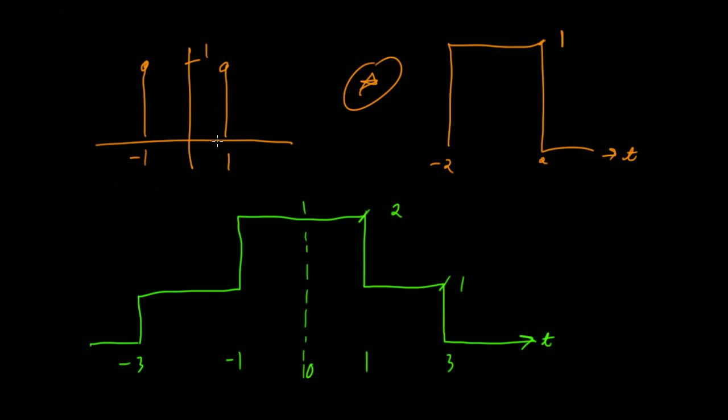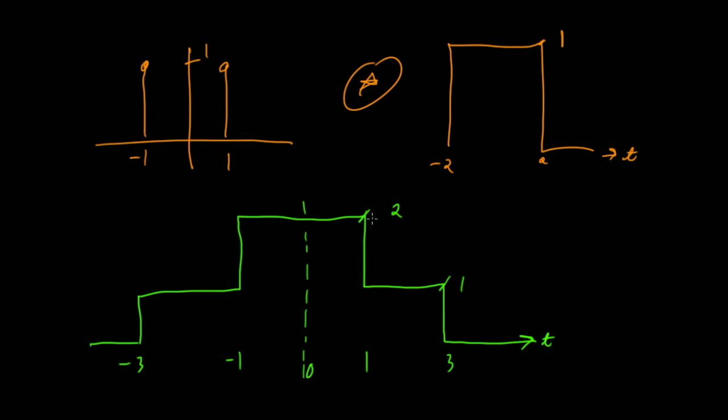Imagine convolving this with only the first impulse, and then imagine convolving it with only the second impulse. And then you add them together using superposition. So remember, if you are convolving with an impulse, it is just like the identity function.